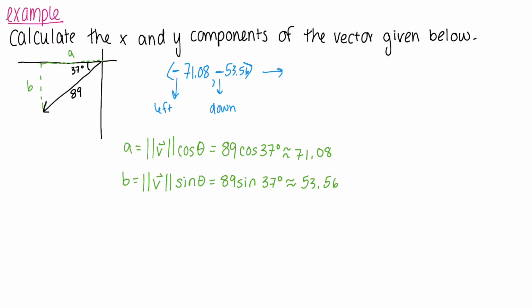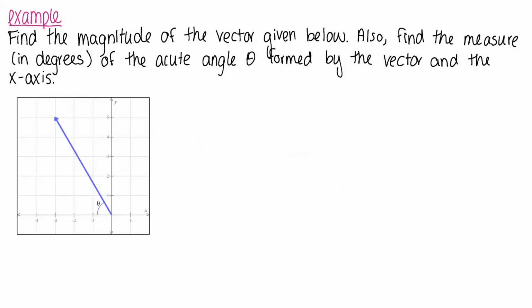So if I just rewrite this a little nicer, my vector, the horizontal component is negative 71.08, and the vertical component is negative 53.56. And there you go. So the important thing with these ones, just make sure that you are putting the right signs in. You have the formulas. It's just a matter of remembering that if it goes down or left, those components will be negative. So just two more examples to do.